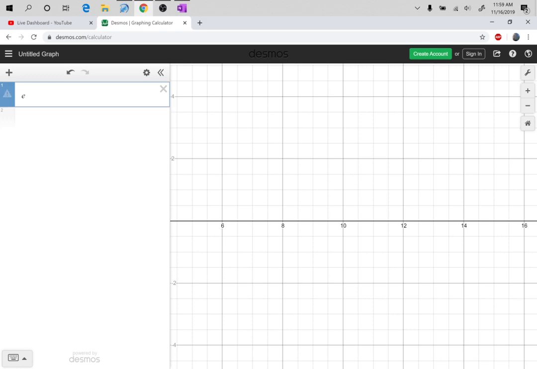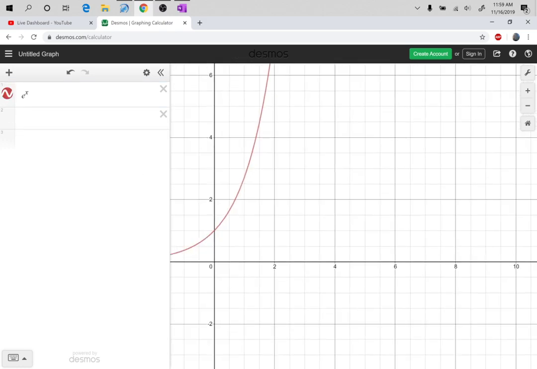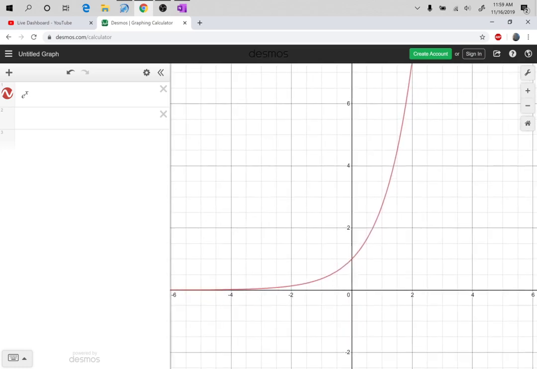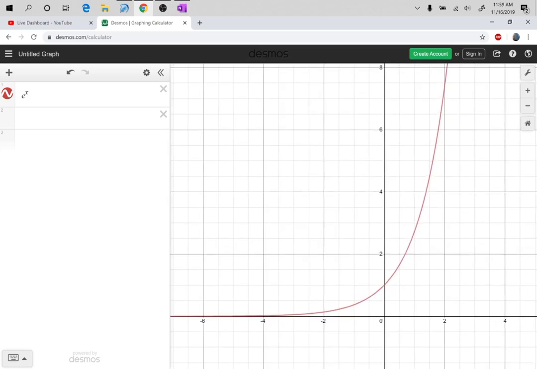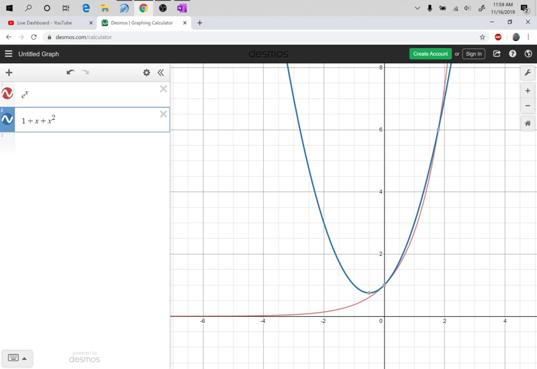E to the x, and when you do that, you get your basic red. Now let's do the first three terms. 1 plus x plus x squared divided by 2.